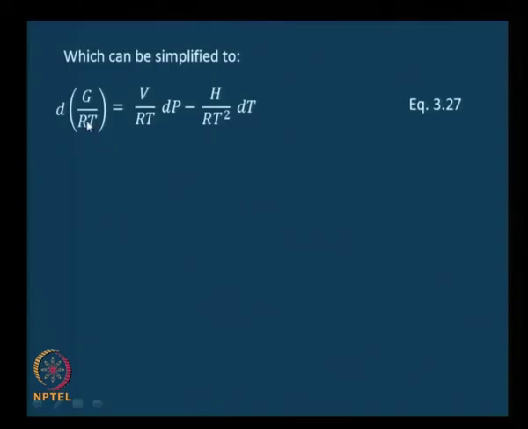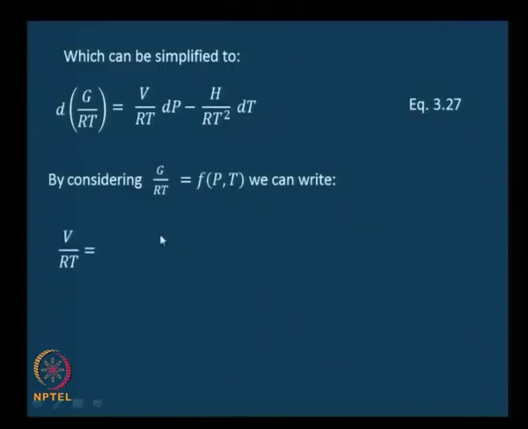Now, this is the total differential. An exact differential can be written as the partial derivative of G by RT with respect to P times dP, plus the partial derivative of G by RT with respect to T times dT. Taking one step at a time, by considering G by RT as a function of P and T, we can write V by RT as the partial derivative of G by RT with respect to P at constant temperature.